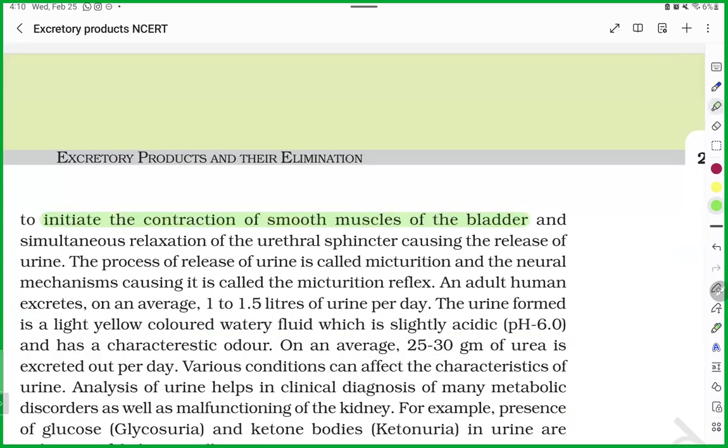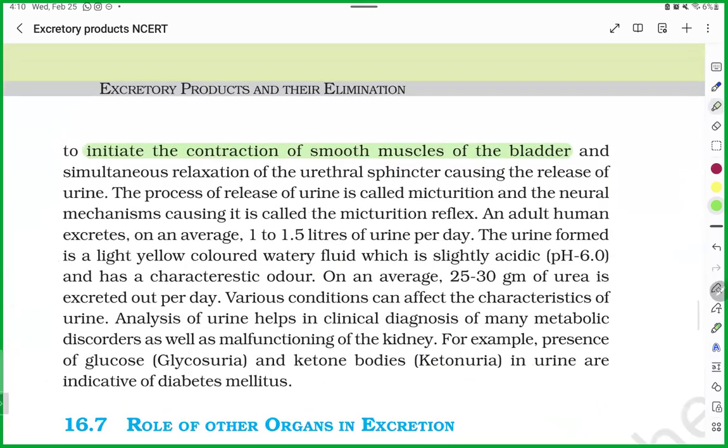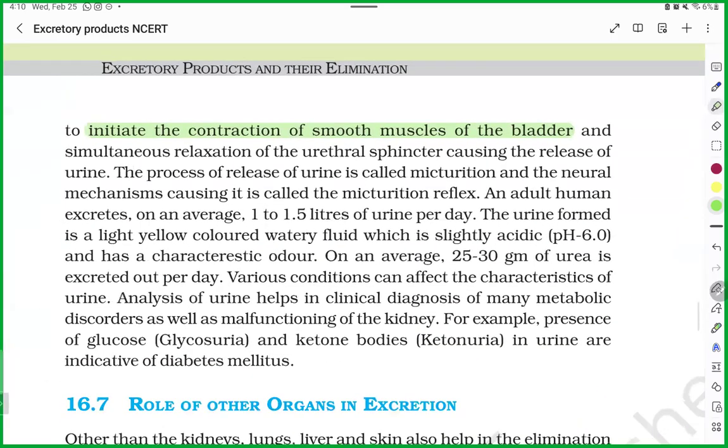So we have this urge, will go to the washroom and the muscle will contract. At the same time, there will be relaxation of the urethral sphincter muscle, because relaxation of the urethral sphincter means opening for the urine removal and ultimately release of the urine.